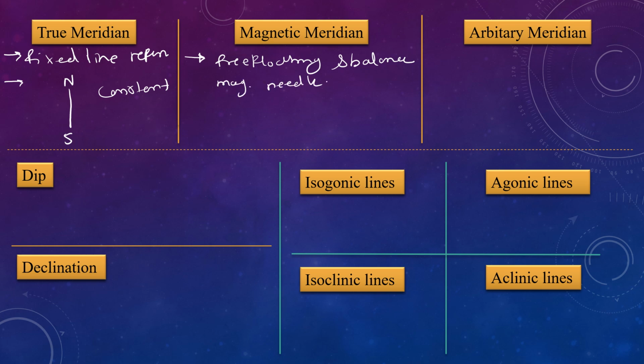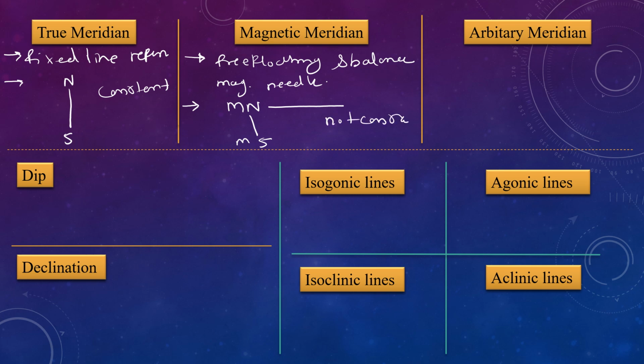This magnetic meridian plane passes through magnetic north and magnetic south. But this magnetic north and magnetic south pole is not constant. Therefore, this magnetic meridian is not constant.